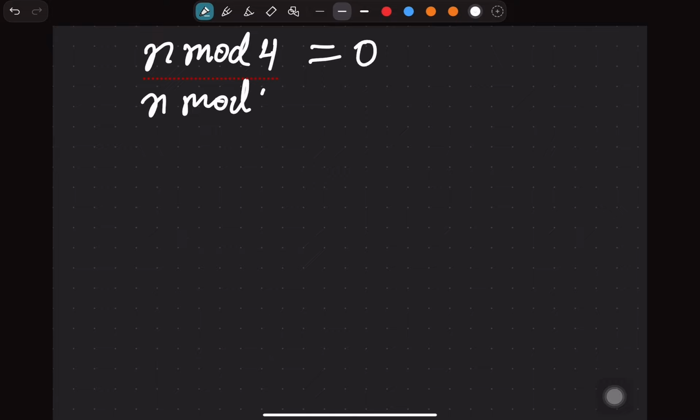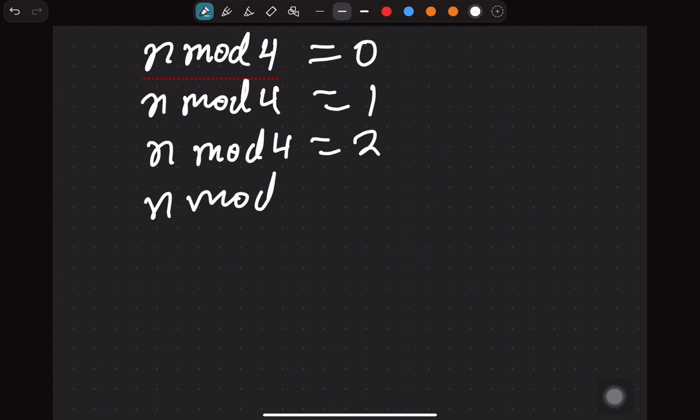So n mod 4 is equal to 0, n mod 4 is equal to 1, n mod 4 is equal to 2, and n mod 4 is equal to 3.